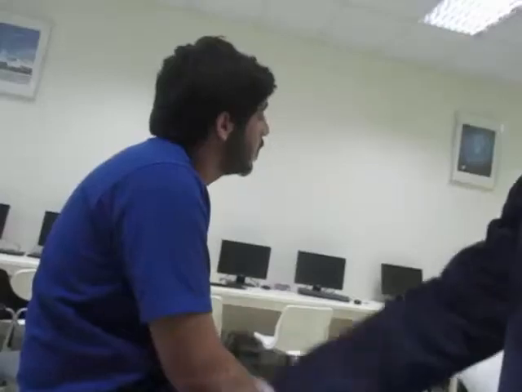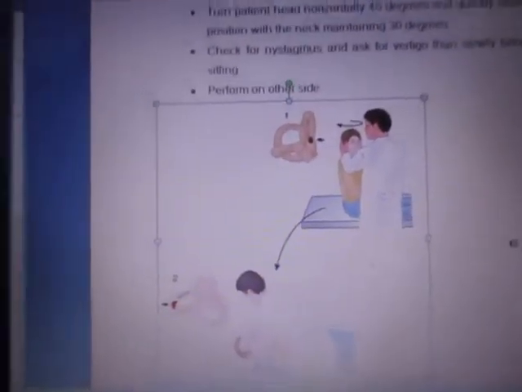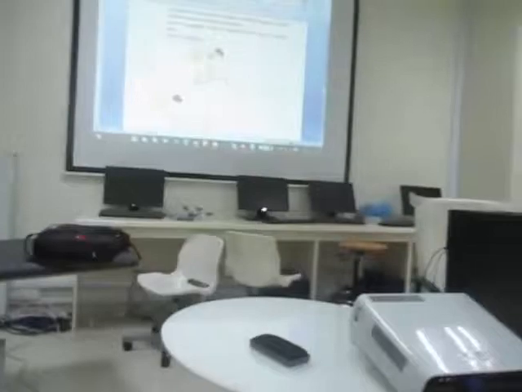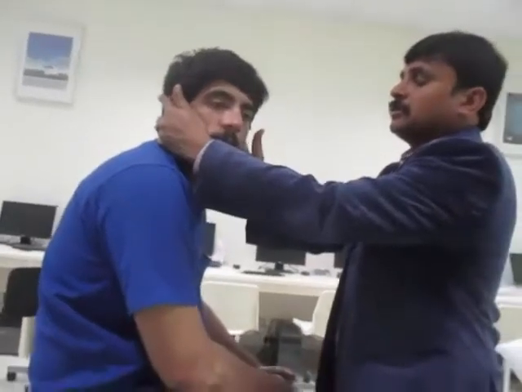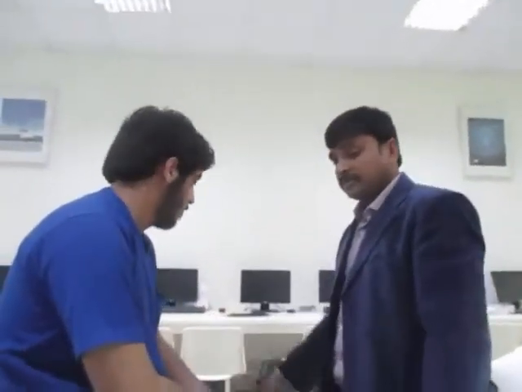Now let's see the picture and what they are doing. Now how to perform this? You have to turn the patient's head 45 degrees. You be in long sitting, it is better.